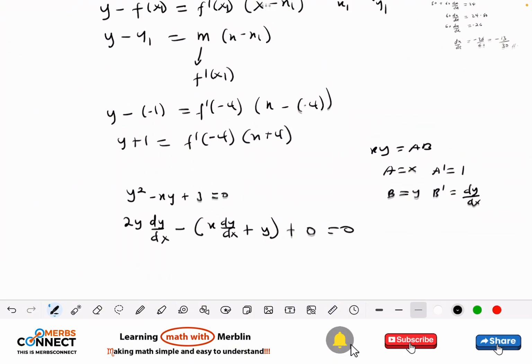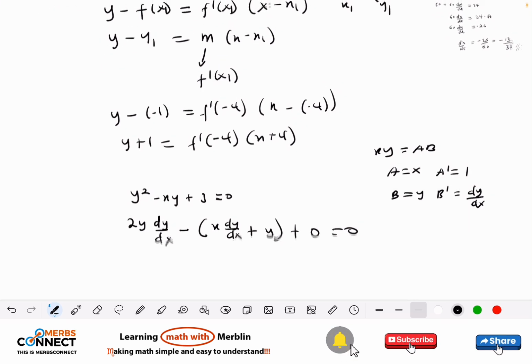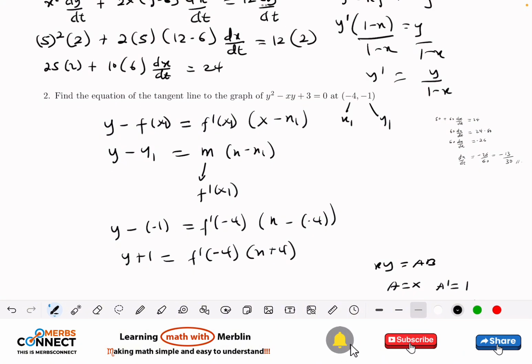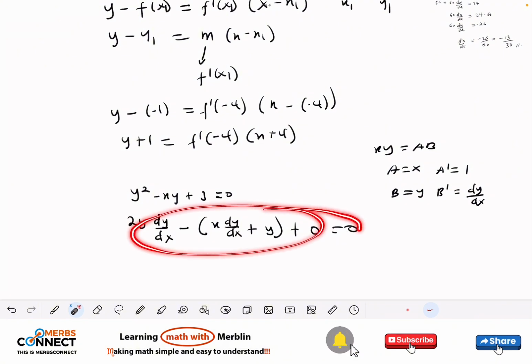So now let's try and simplify. But for us to simplify, it's always good when you have the point. So this point here that we are calling x1, y1, the same point, this is x, this is y. That's what we are going to use to do this.